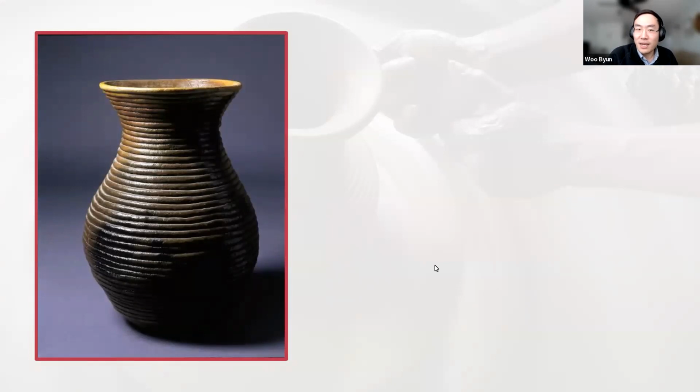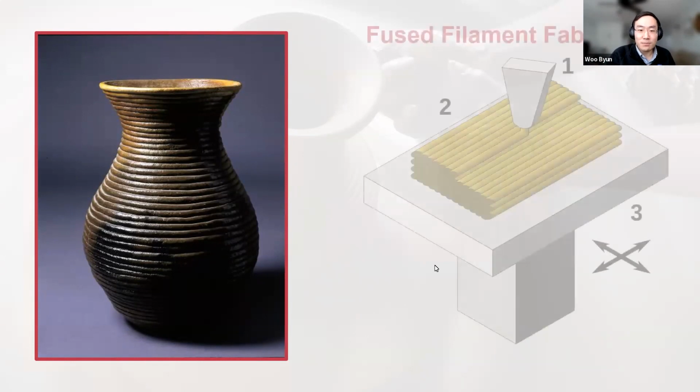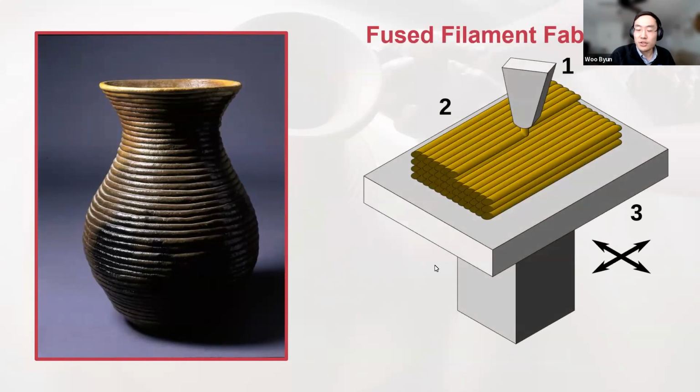This technique goes back, I think the furthest back that they found evidence of this is maybe 9,000 years or something like that, where you literally just roll up clay, stack it, coil it, and make any pot shape that you want. And that's literally what 3D printing is. It's like ancient 3D printing. But now we have computers and machines, and they do it for us.